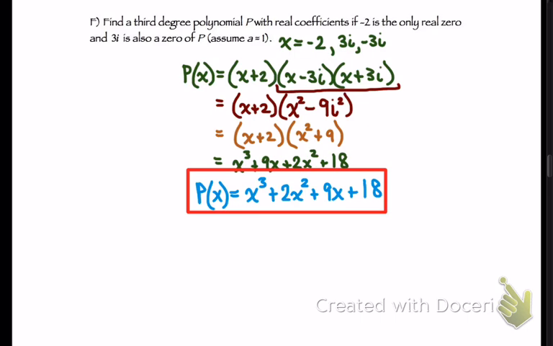So let's talk about what this means. Assume that a equals 1. Basically what I'm telling you is I want you to assume that the leading coefficient, this number right here, is a 1.